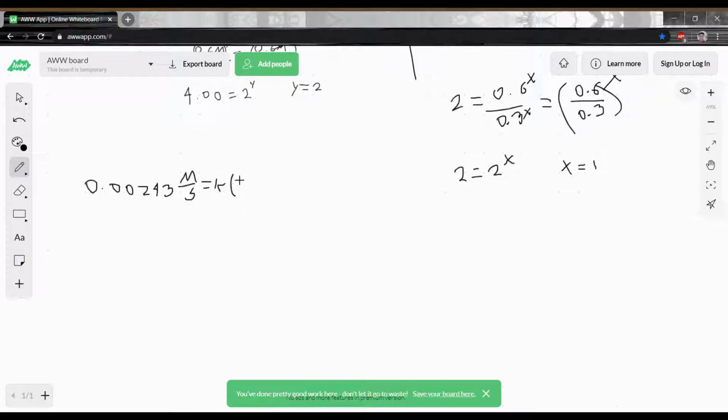And that's going to be multiplied by our concentration of H2, which is 0.3 M. It's going to be raised to the x power, which is 1, that we calculated. And that's multiplied by our concentration of NO, which is 0.3 M. And that's going to be raised to the second power because that's our calculated value of y.